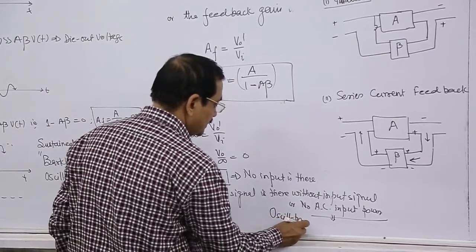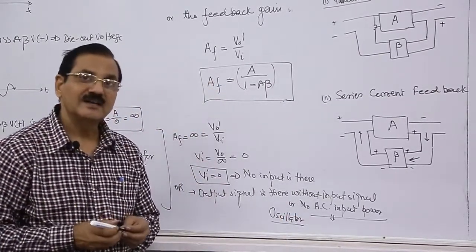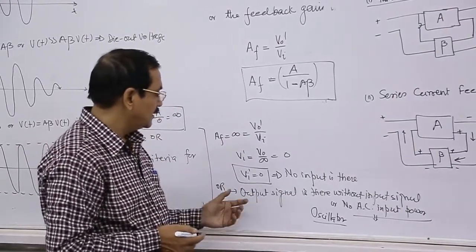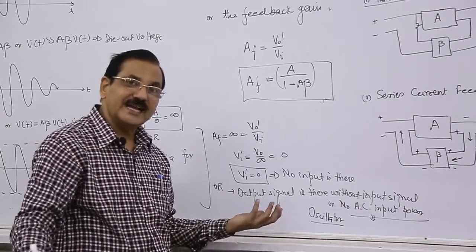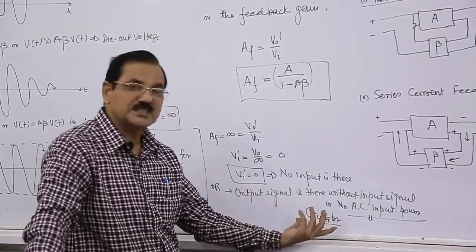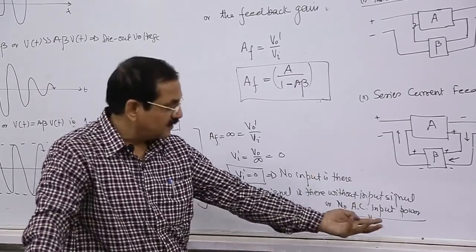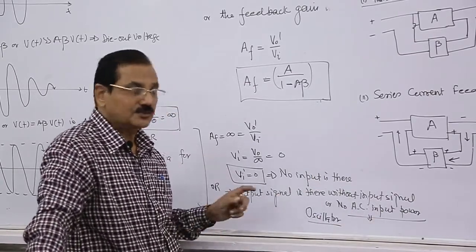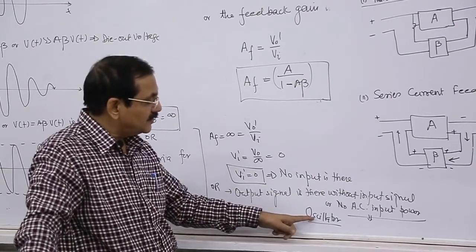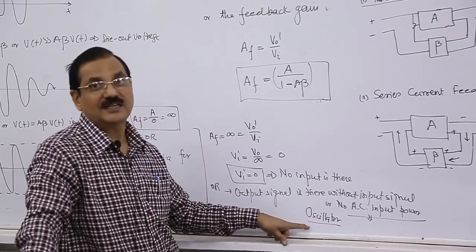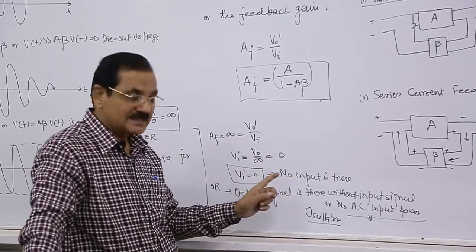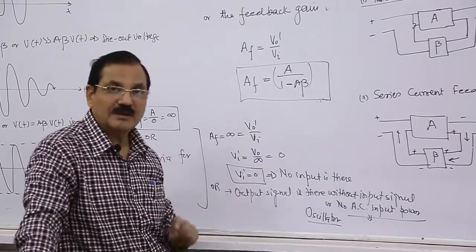This is basically an oscillator, because there is input, there is output, but the circuit is designed in such a way that we will get an output signal without an input signal. So the input signal is 0. And this is the difference between an amplifier and an oscillator. In an amplifier, we have input voltage and then output amplified voltage.